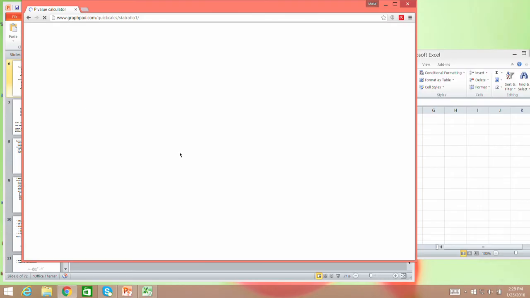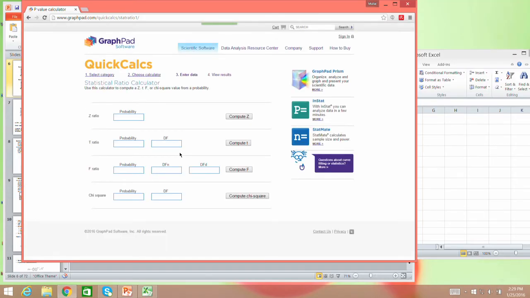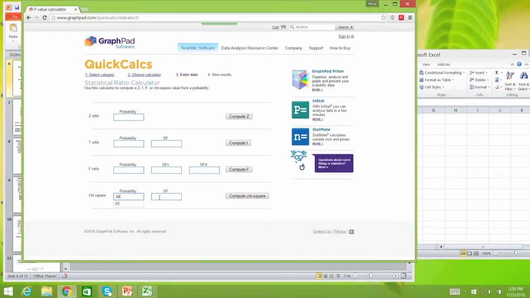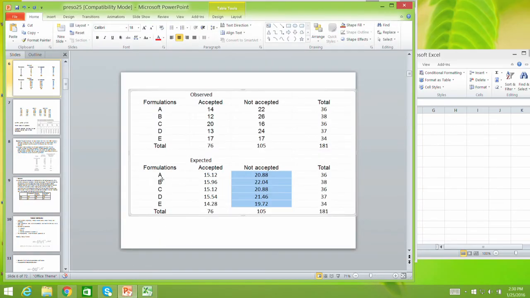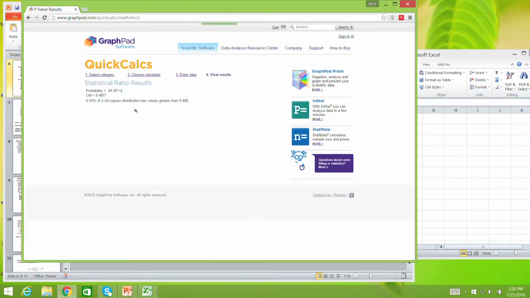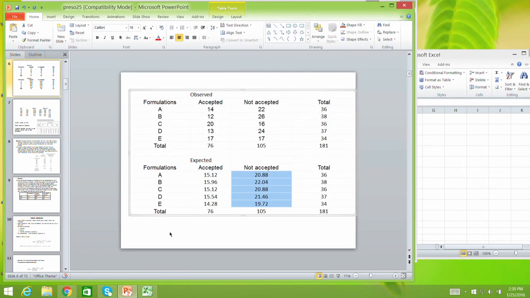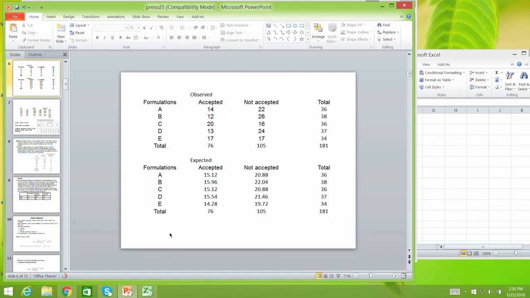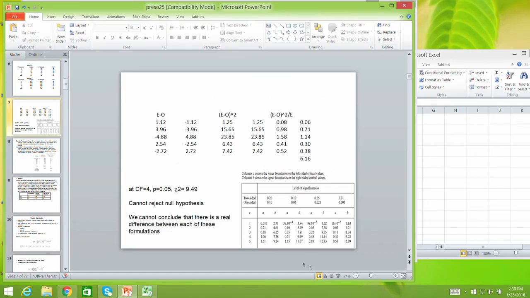So, what do we do for a 95% and 0.05? How many degrees of freedom do we have? If you look at our problem, we have 5 formulations, so obviously we have 4 degrees of freedom. For 4 degrees of freedom it will give you 9.4877, and in fact, as I originally told you, that is exactly like your table.